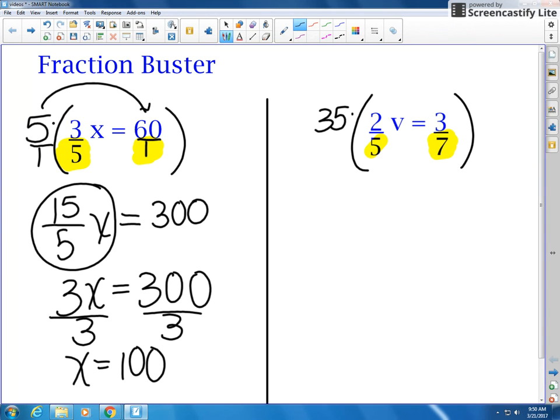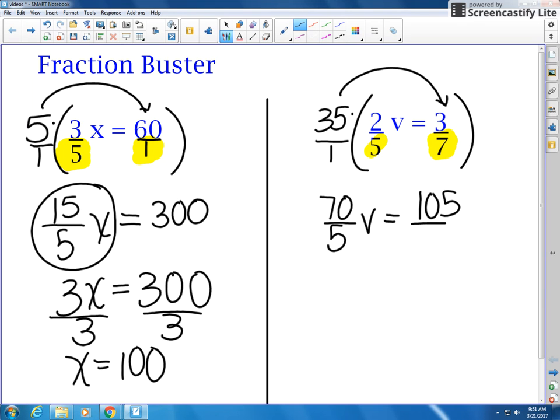So remember, if I want to, this is 35 over 1. I'm only multiplying the numerators by 35. So I know 35 times 2 is 70 over 5. These equal, now don't forget, I have to multiply both numbers by 35. So I'm also doing 35 times 3, which is 105 over 7.